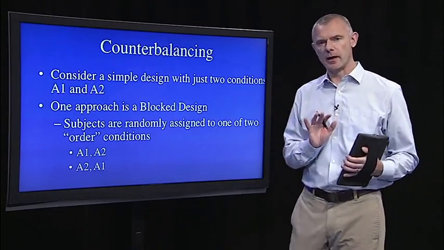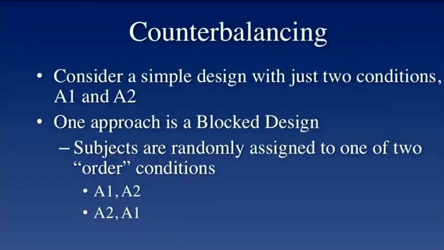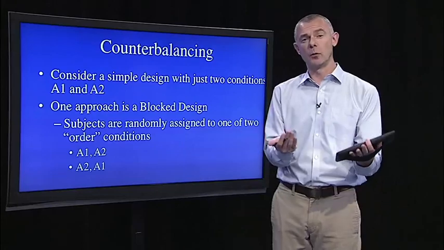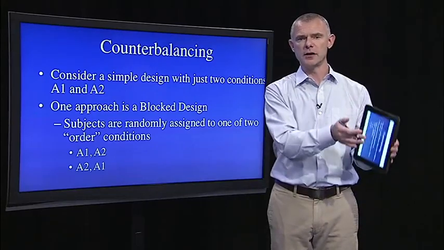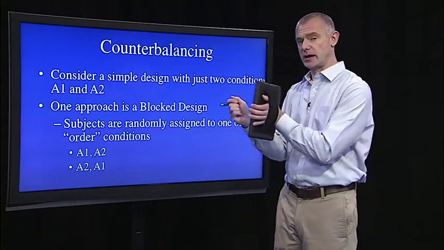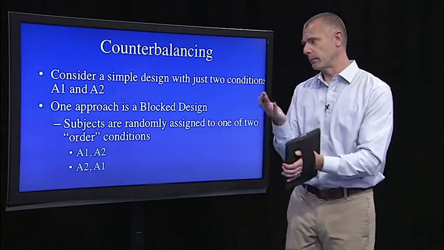So first, let's talk about counterbalancing. Let's start with the simplest case where you just have two conditions, A1 and A2. One approach is called a block design. Subjects are randomly assigned to one of two orders. They do all of condition A1 first and then all of condition A2 second, or the opposite.